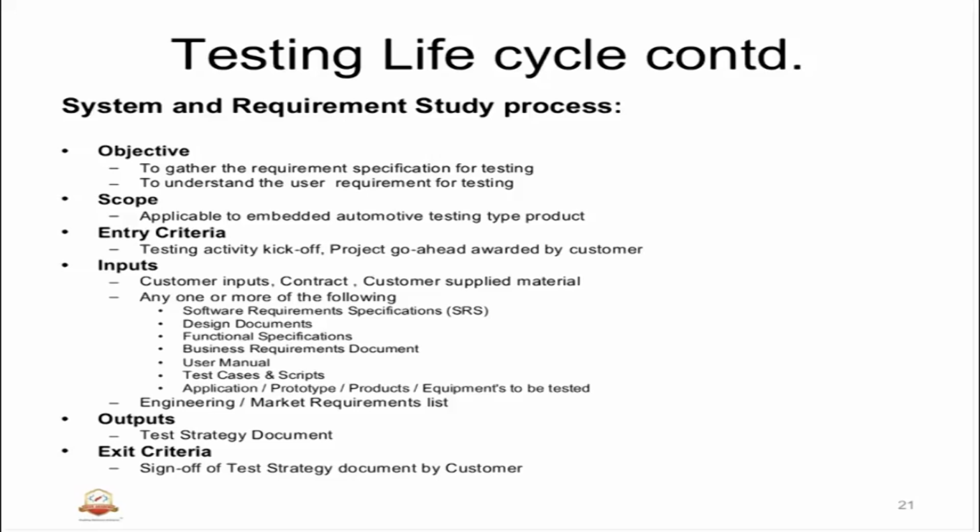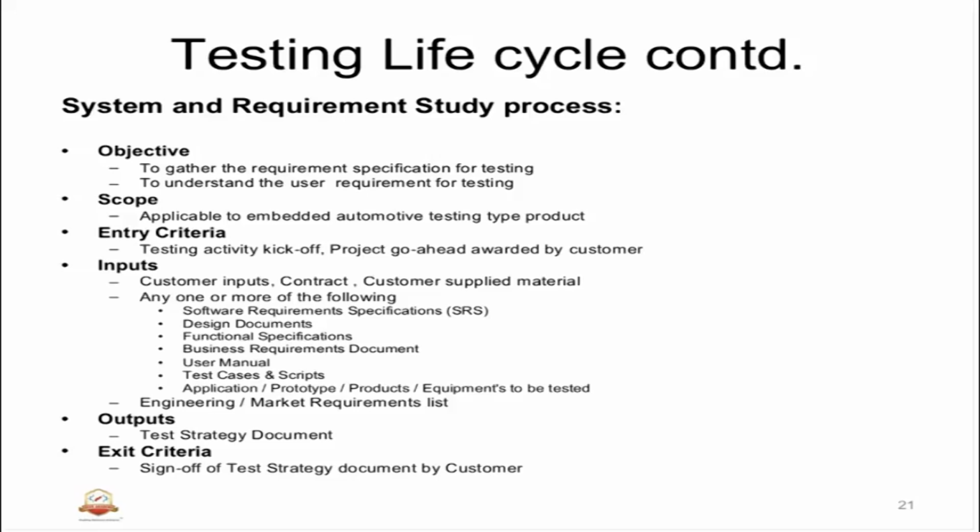I have understood how the system is going to behave. What are the functionalities it has? What is the customer expectation in terms of the product that is going to be deployed in the market? Considering all that, how am I going to test it as a defect-free product. That strategy will be produced as an output of this activity.